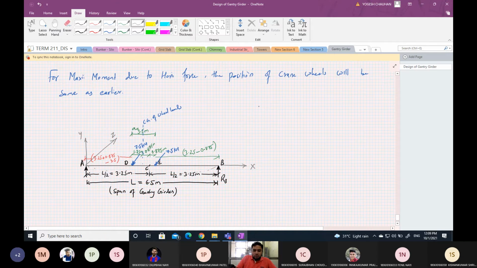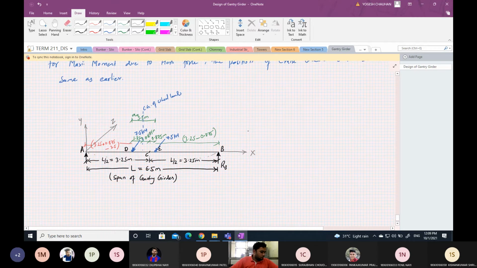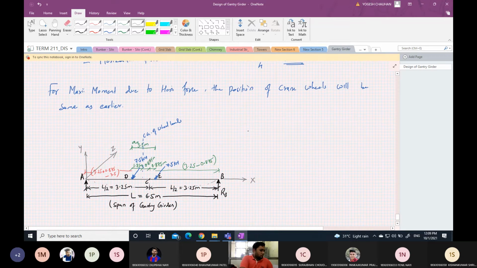So here, by proportioning, for maximum moment due to the horizontal force, the position of the crane load will be the same as earlier, except that it is horizontal.